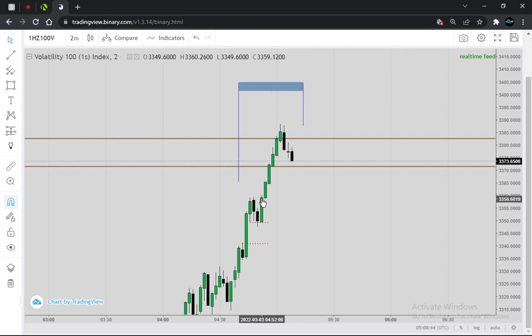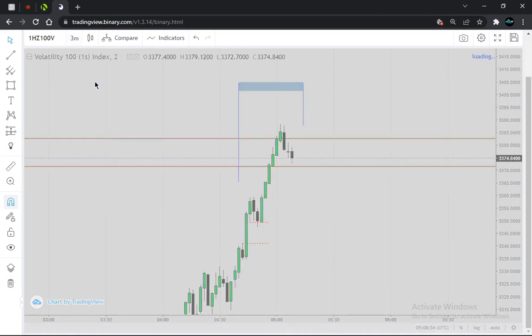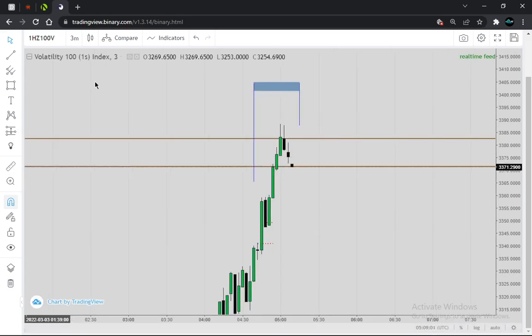So my eyes are keeping here inside these candles. So you see on a 3-minute chart, the candles keep closing just inside the fair value gap.